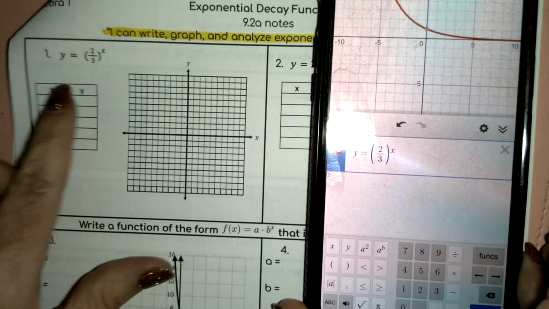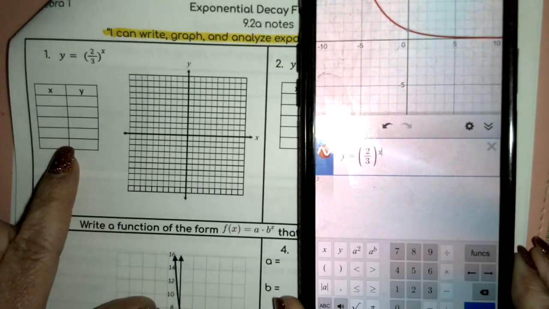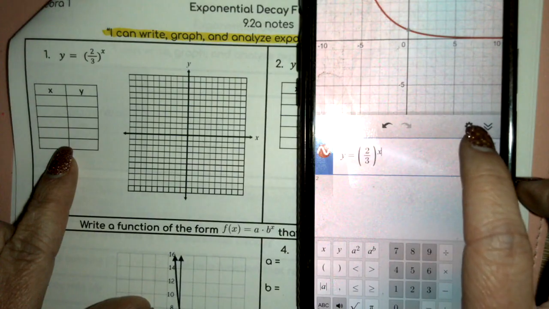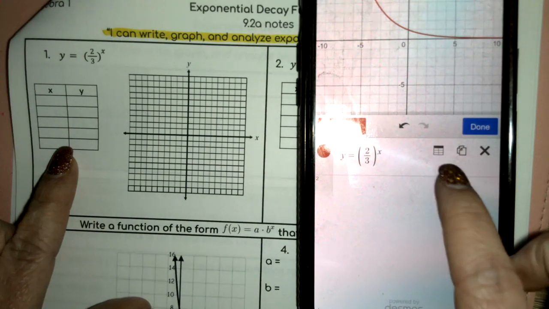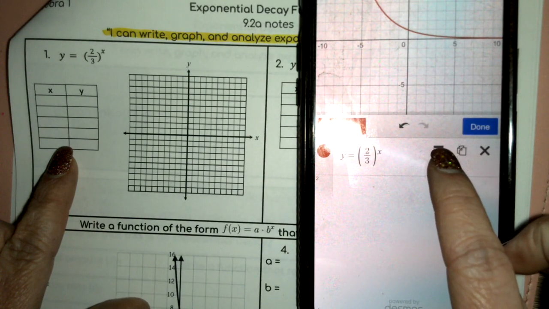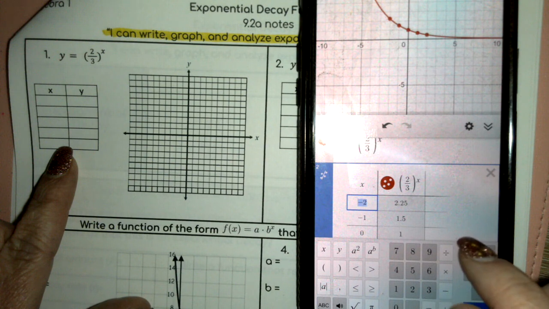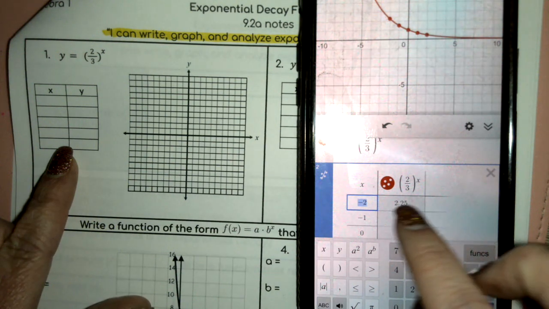What I need you to do is create a table here. You're going to hit this little settings wheel right here, and then you're going to create a table. That's all review from 9.1.